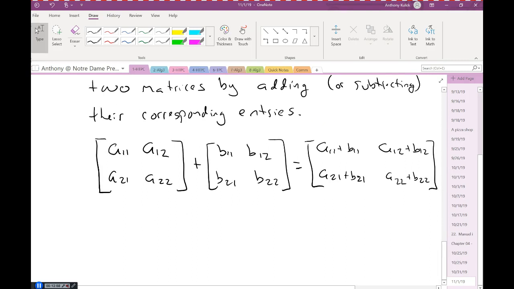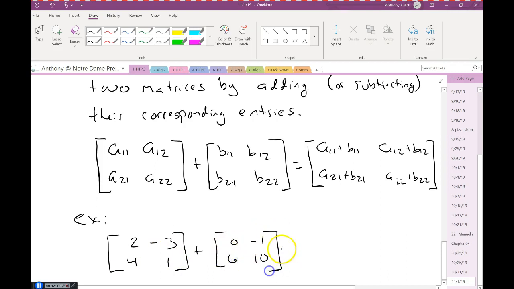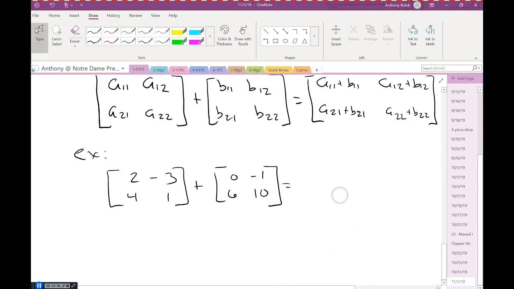What would the difference be if this was subtraction, though? Just minus signs instead of plus signs, right? Everything works exactly the same. So let's say we want to add these two matrices together.